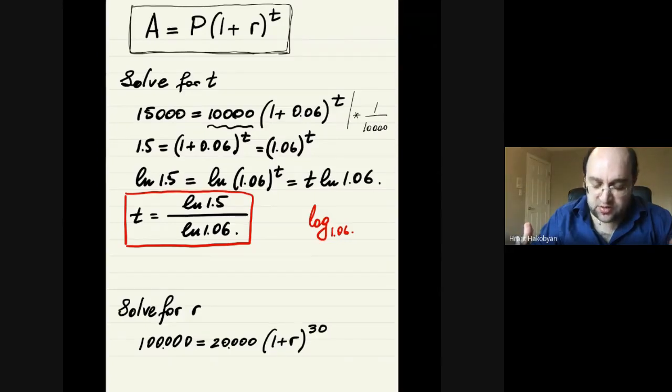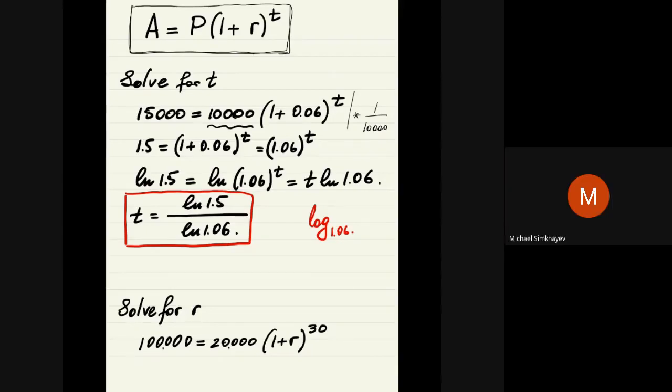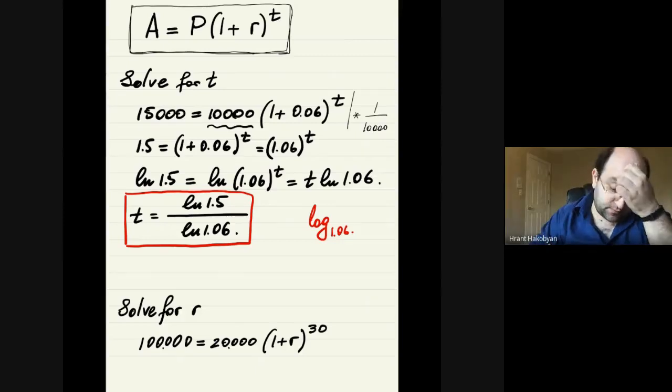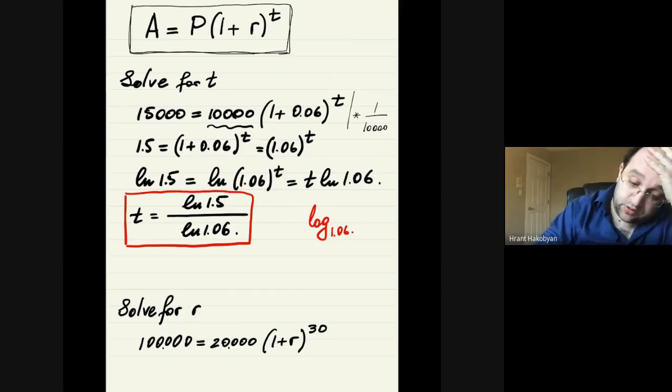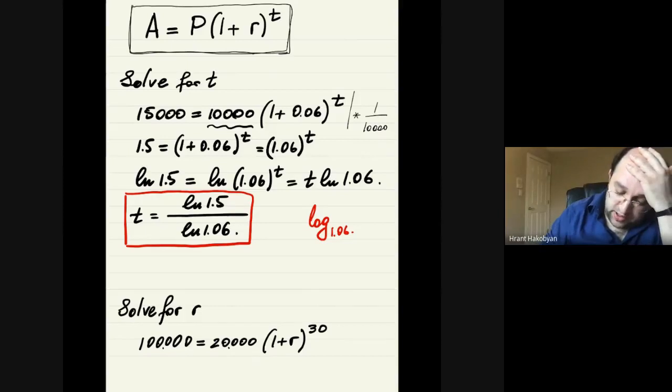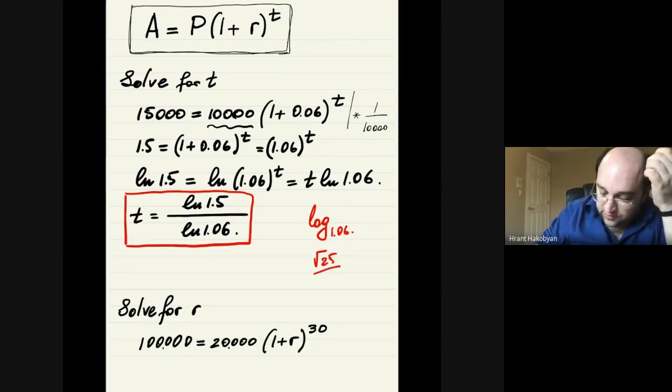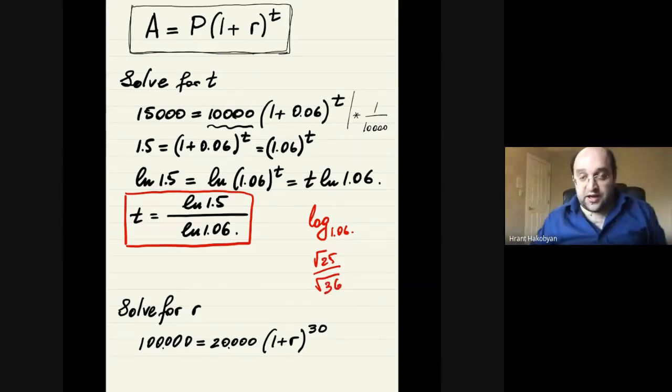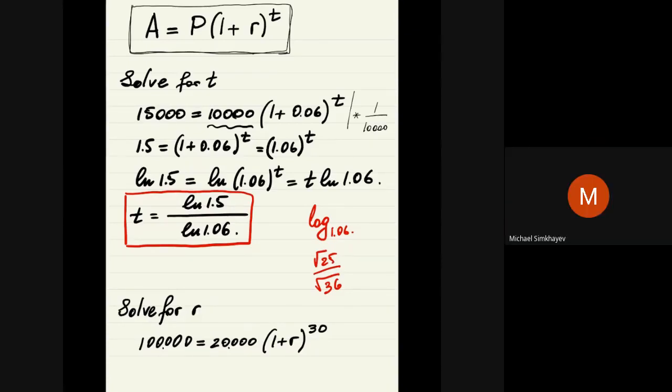So is that clear? That means I can take the logarithm of both sides, and it still will be the same. So the point is, no, I cannot cancel these things. Imagine if I had the square root of 25 divided by the square root of 36. Can I cancel the square roots? No. It's the same thing.